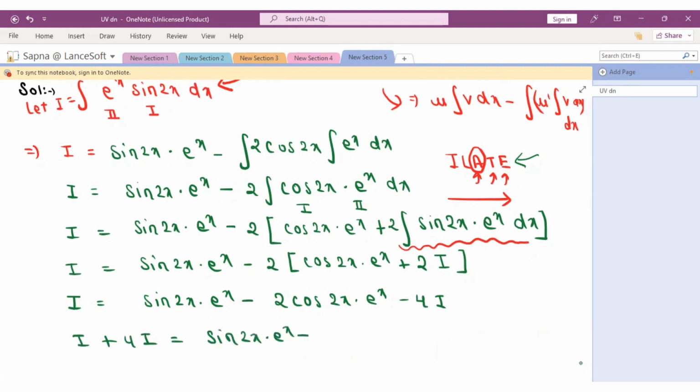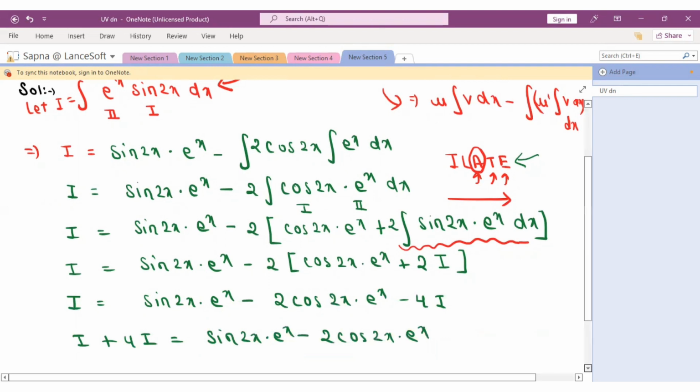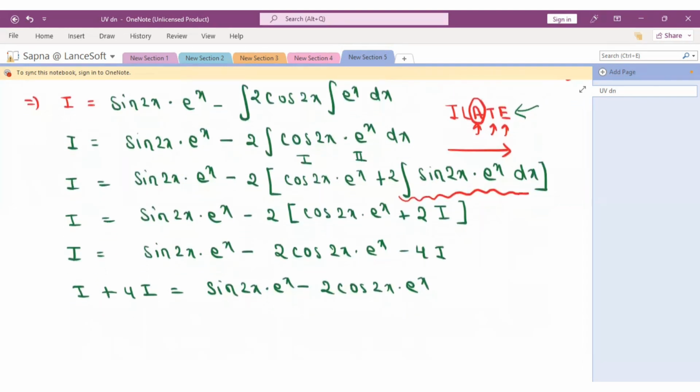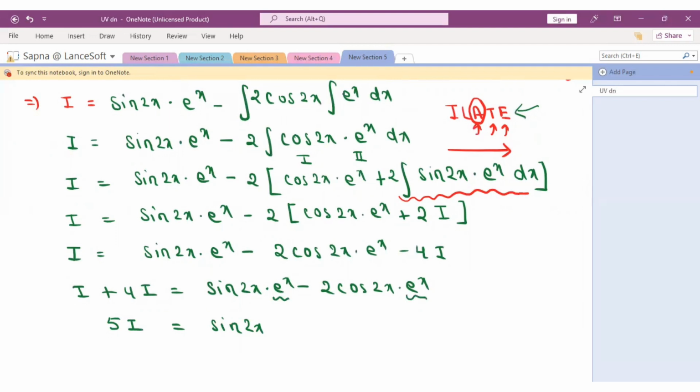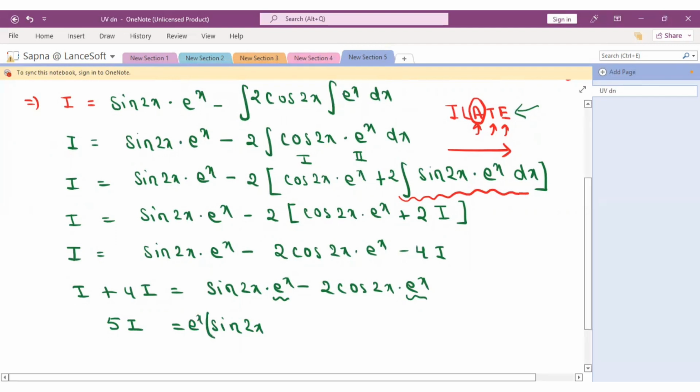So sine 2x into e raised to x minus twice of cos 2x into e raised to x, and I plus 4I is 5I. So this is 5I, and then here we can take e raised to x common because we are getting e raised to x in both the terms. So if I take that e raised to x common, I'll be getting inside the bracket just sine 2x minus 2 cos 2x, right?